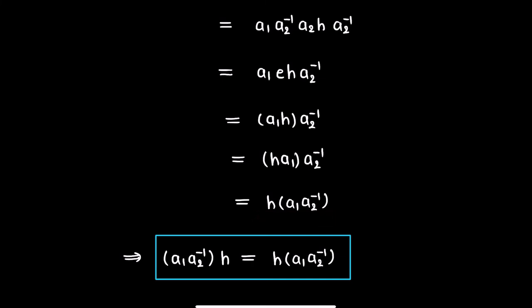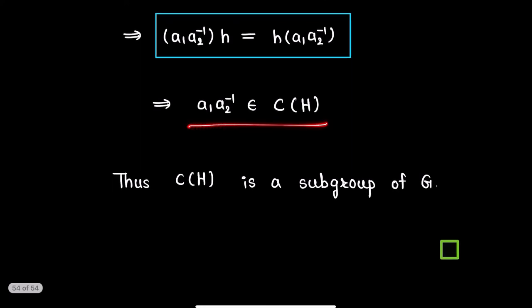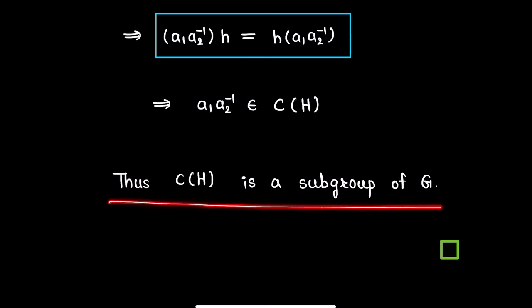So from here we can observe that a1 a2 inverse h is equal to h a1 a2 inverse, that is, a1 a2 inverse commutes with every element of subgroup H. Thus a1 a2 inverse will be a member of the centralizer of subgroup H, and thus the centralizer of a subgroup H will be a subgroup of group G, and this proves our result.